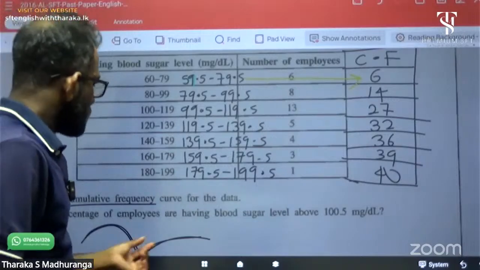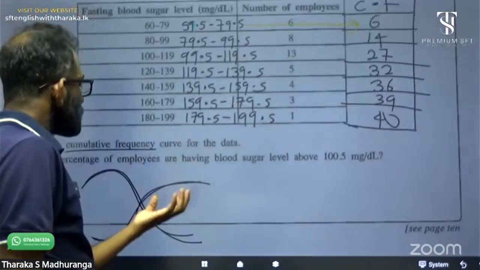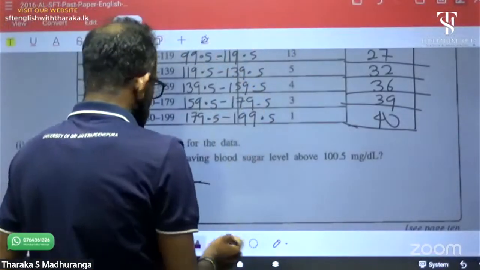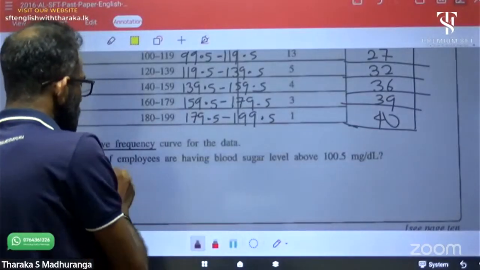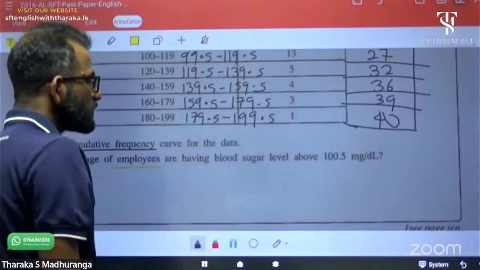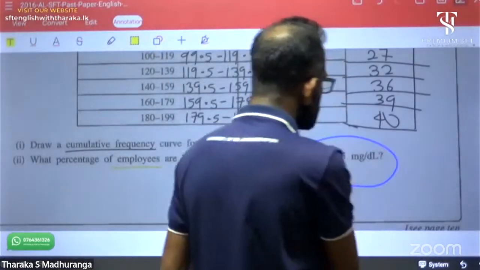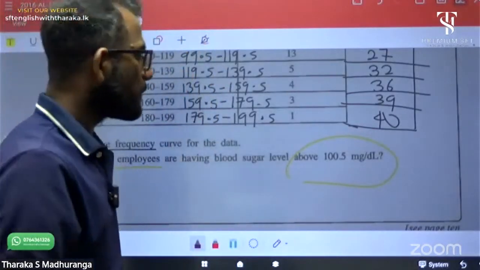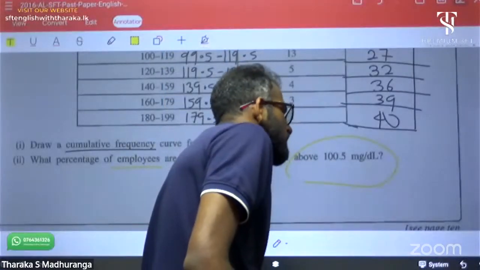Okay. This is a question now. What is the percentage of employees? This is the most important thing. What's the percentage of employees having a blood sugar level above 100.5 milligram per deciliter?